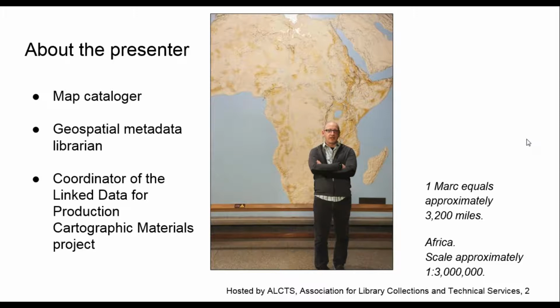This photo was taken in the American Museum of Natural History, and I'm looking forward to making a return visit sometime soon to see if my 1 to 3 million estimate is close to accurate. Those of you in the audience who are adept at scale conversions should also be able to reverse engineer this data and figure out how tall I am. So I'll leave that to you as a challenge.